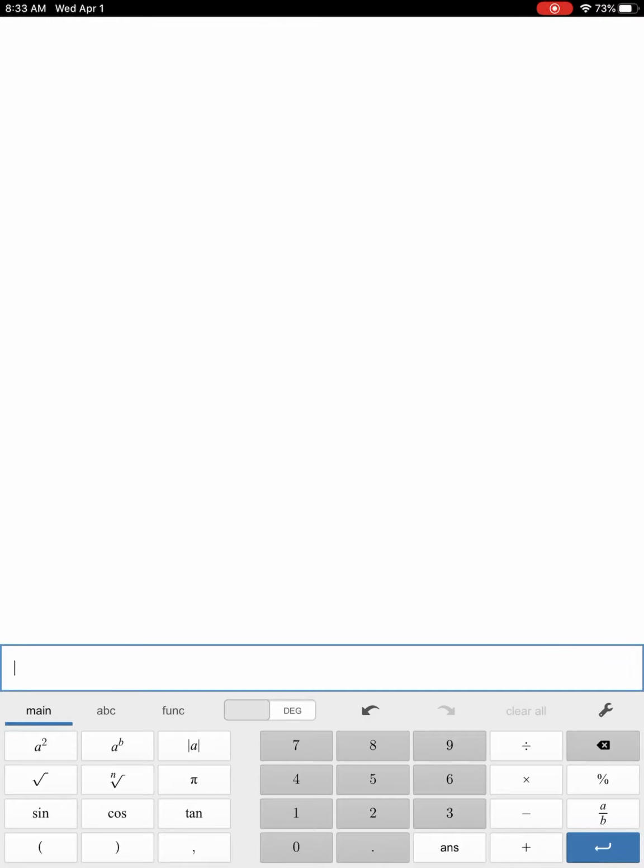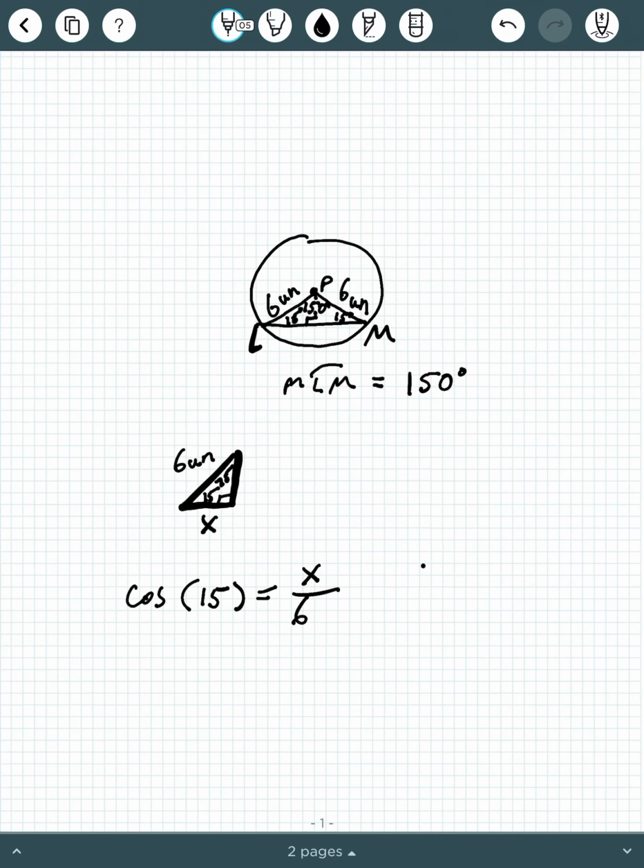So we said the cosine of 15 was equal to x over 6. So I could do 6 times the cosine of 15 degrees to get an answer to show up. They give us 5.7955. Let's call that 5.80 when we round that. So x is equal to 5.80 units.